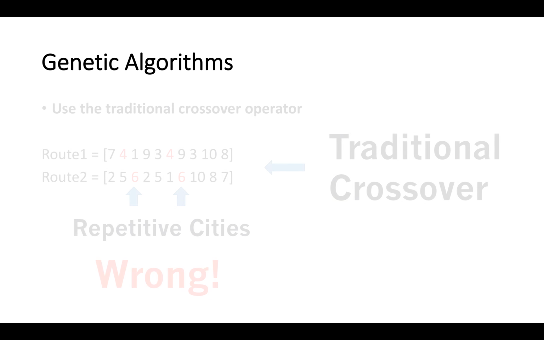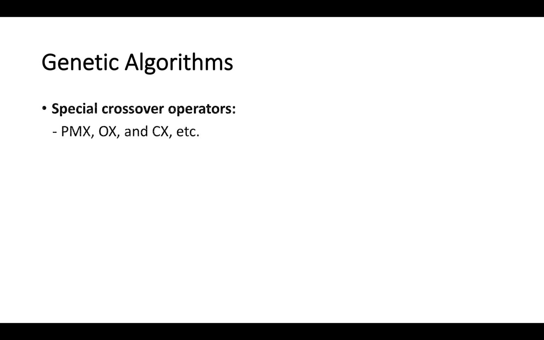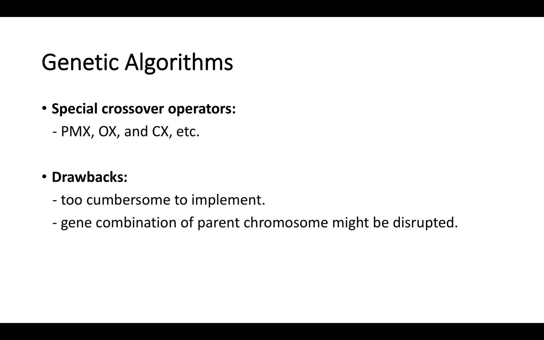As a result, when using genetic algorithm to solve traveling salesman problem, it is necessary to use some special crossover operators. But the drawback is that those special crossover operators are often too cumbersome to implement, and gene combinations of parent chromosomes might be disrupted during the operation.